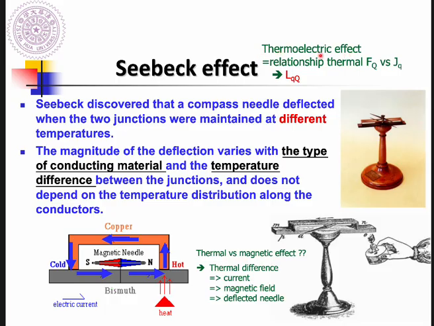And how do we quantitatively describe this effect? It would be like, if you apply 1 unit of temperature difference, the thermal driving force, then how much current will be induced. So it's a relationship between the F capital Q and the J small q current density.